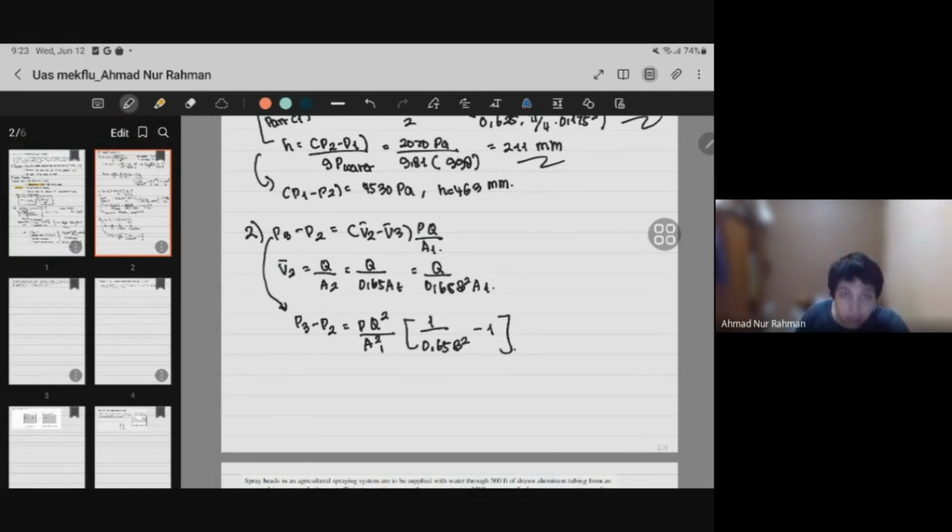So we insert the data. P3 minus P2 equals 1.23 times 1 squared times 4 squared over pi squared times 1 over 0.25 cubed, times 1 over (0.65 times 0.66 squared) squared minus 1.